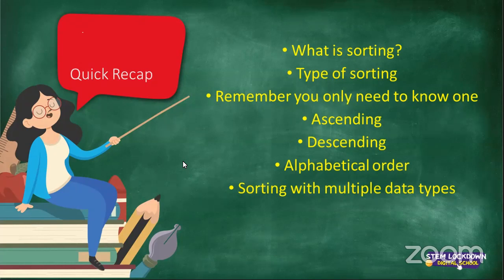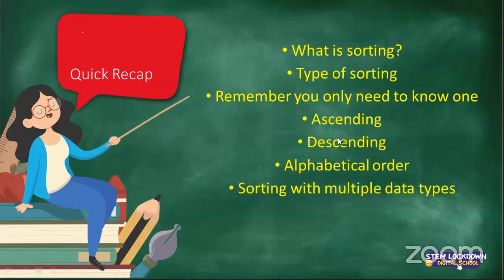Remember, you only need to know one for programming, but when it comes to the theory, you're required to know the working principle of both a bubble sort and a selection sort. Just to sum it up in a few words, a bubble sort compares values next to each other, whereas a selection sort compares values throughout the array before restarting the process. So one compares values next to each other and one starts comparing each value in the array.